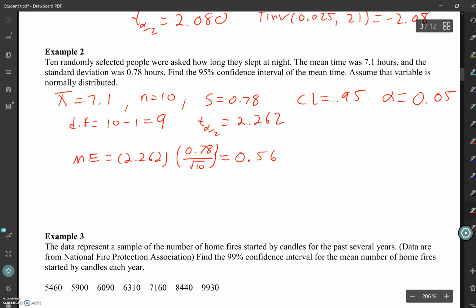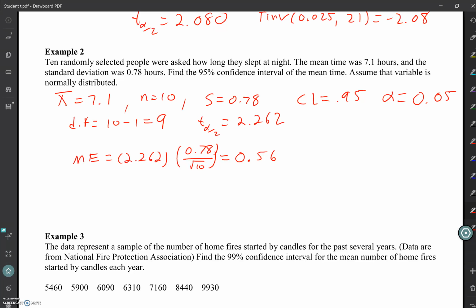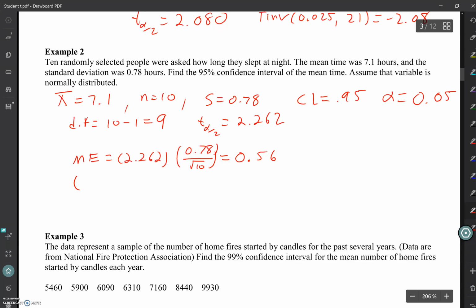All right, so I've got my margin of error, and then just like before with the z, we're going to do x bar minus your margin of error and x bar plus your margin of error. So 7.1 minus 0.56 and 7.1 plus 0.56.